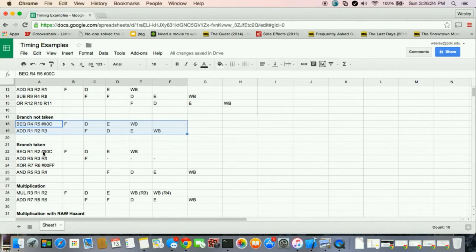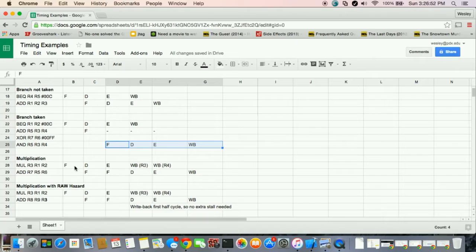If a branch is taken, however, we do need a 1 cycle stall because this add instruction has been fetched at the time the branch has been decoded and we know there's a branch. So after we decode that branch, we incur a 1 cycle stall penalty for the branch taken.